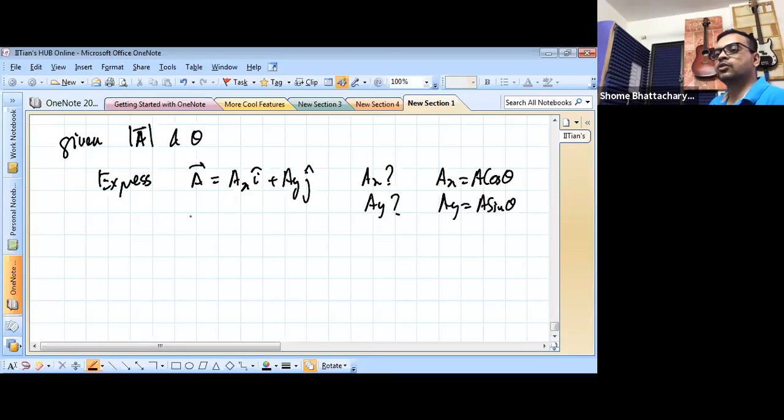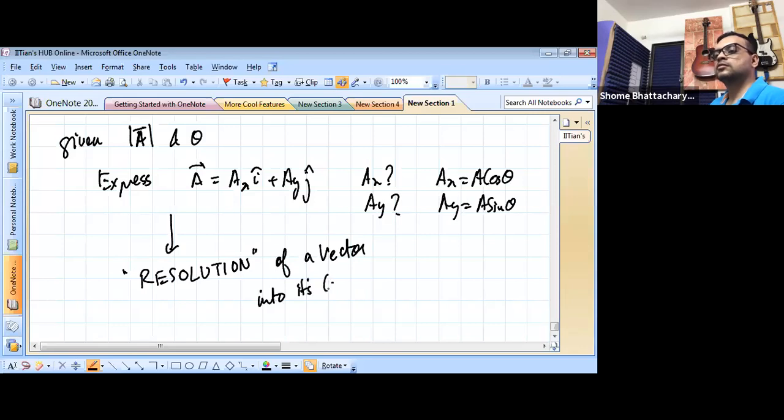This process is also called resolution of a vector into its components. So if you see in some reference book that resolve a vector into components or do the resolution of a vector into components, this is what it means. Okay, people, is this clear?